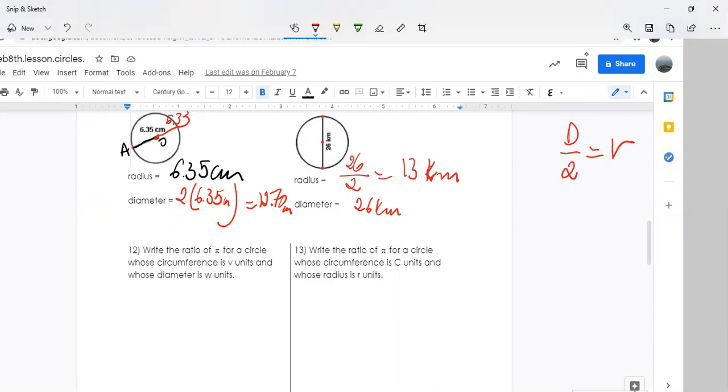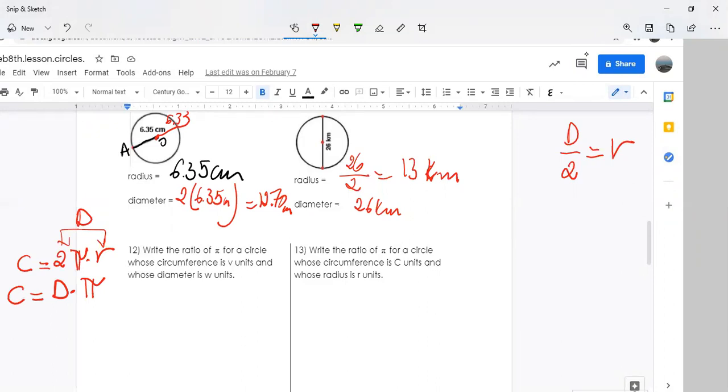Let's write what we know about circumference. Circumference is equal to 2 times pi times the radius. Also, 2 times the radius is the diameter, so we can also write it as d times pi. So the circumference is d times pi, or circumference is 2 pi r.